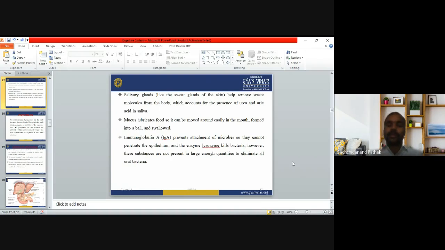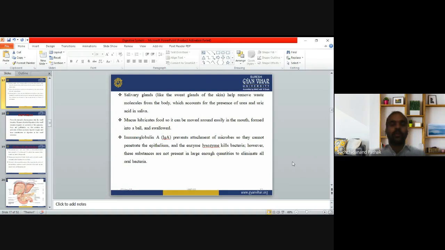Second, there is an enzyme called lysozyme, which helps to kill bacteria. However, these substances cannot eradicate all types of bacterial infection, but in the primary phase, they can eliminate oral bacteria.